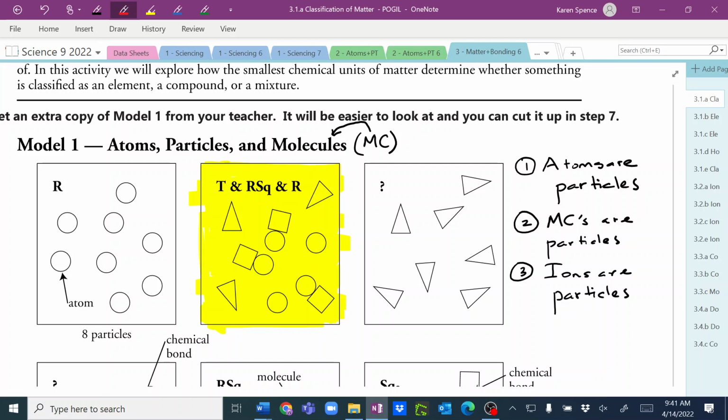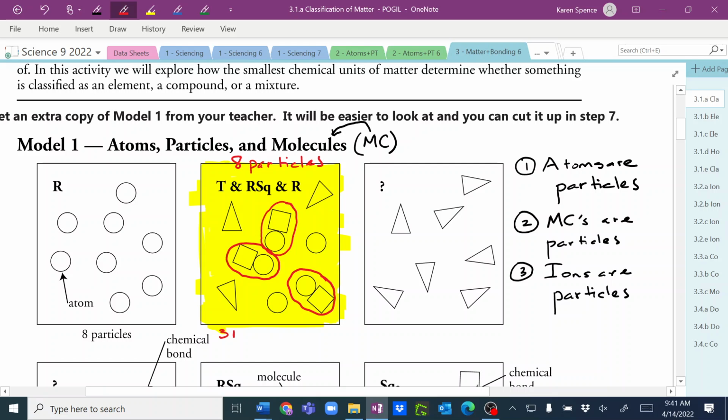How many particles? 8. There are 1, 2, 3 molecules.